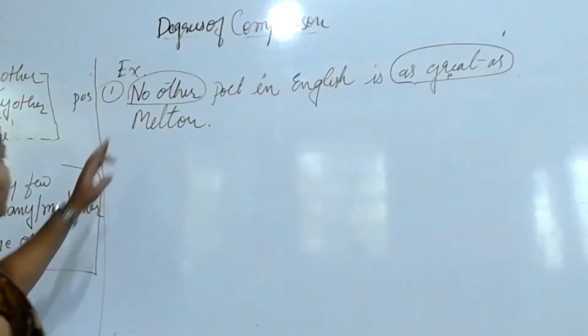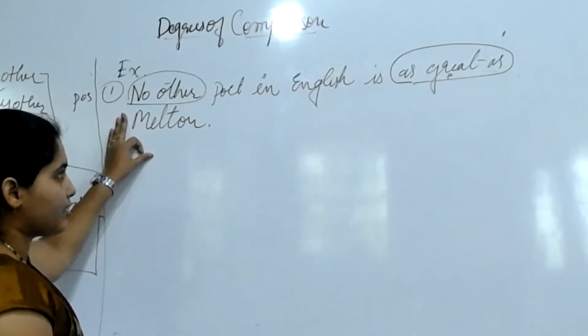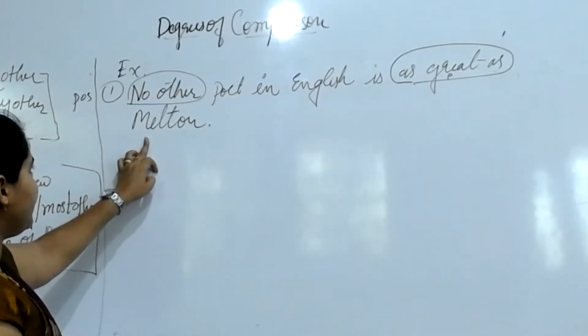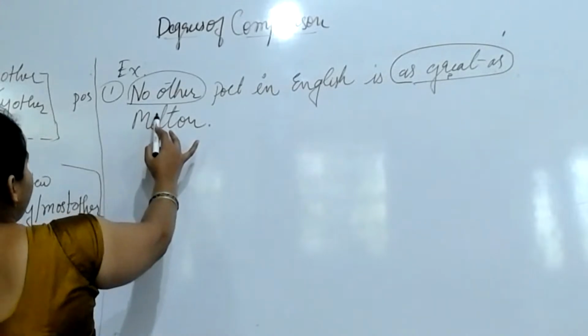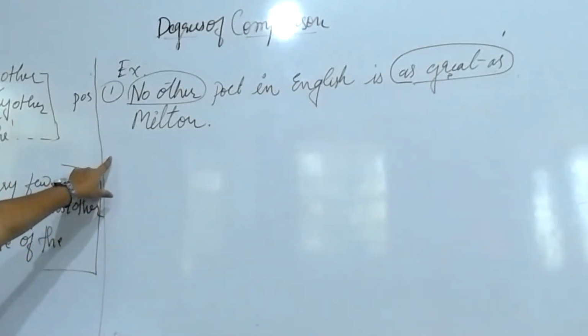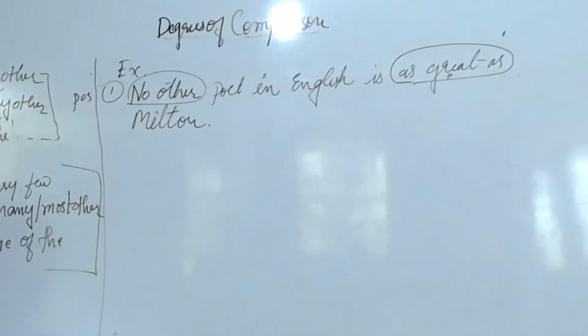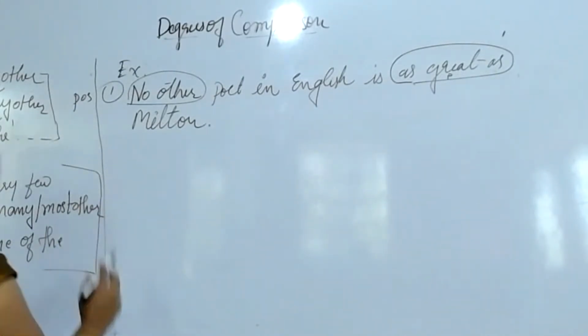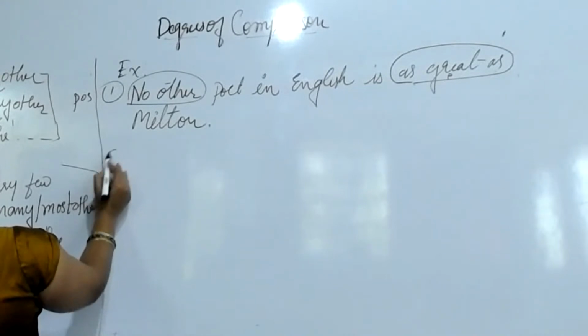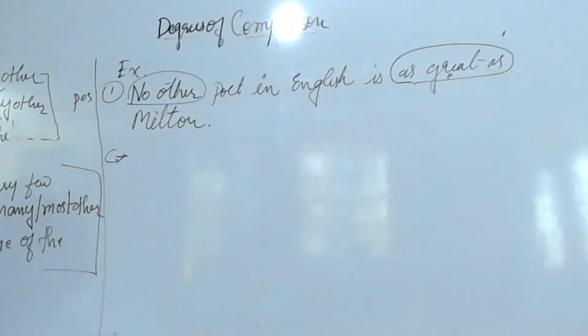So now, no other poet in English is as great as Milton. If the positive degree starts with "no other", you have to use "any other" in the comparative degree. As you know, this is the positive degree. Now you have to change it into the comparative degree.